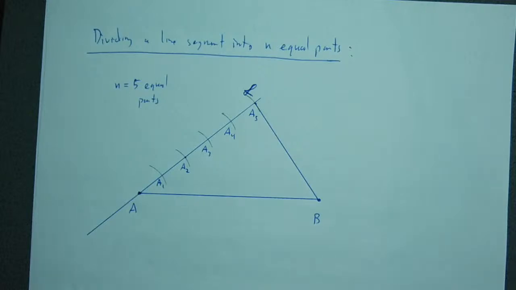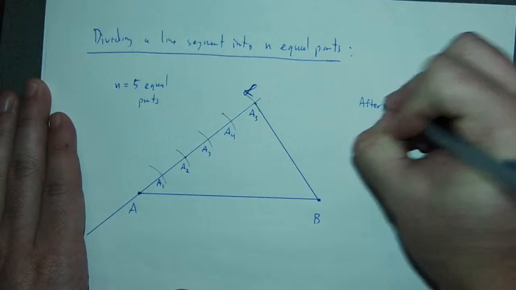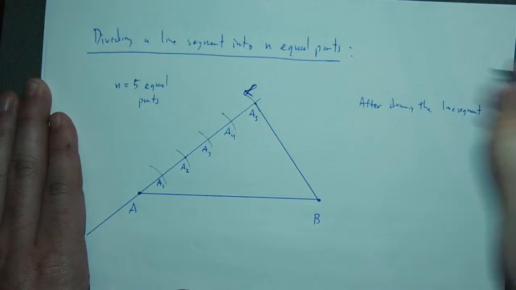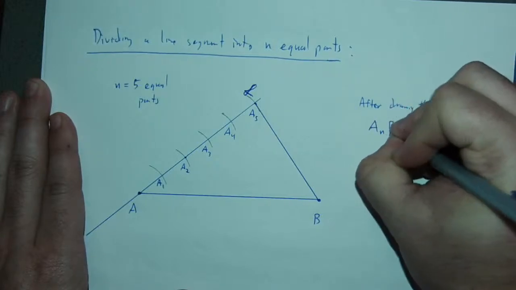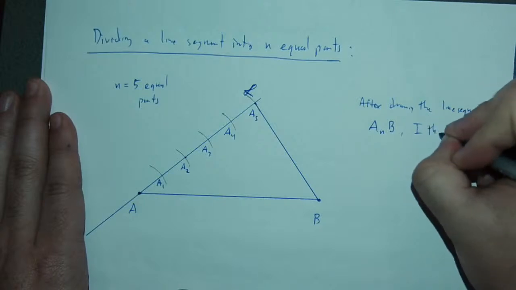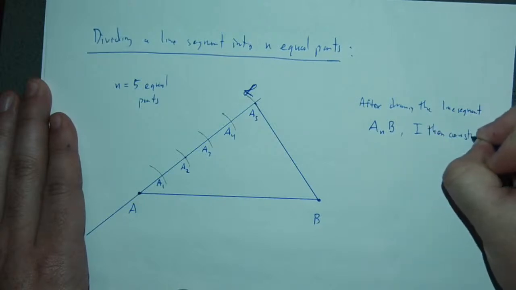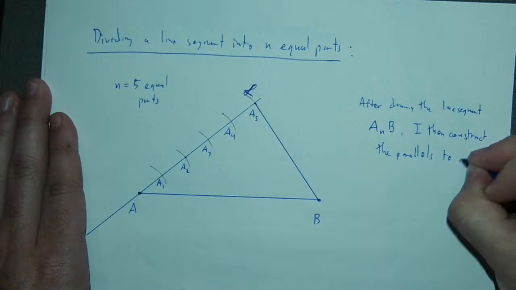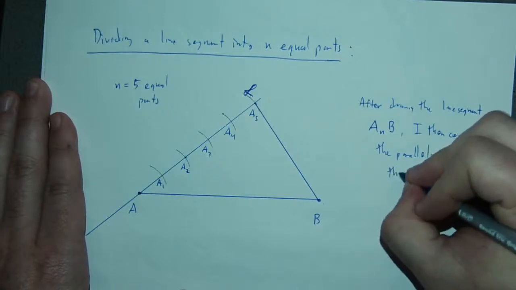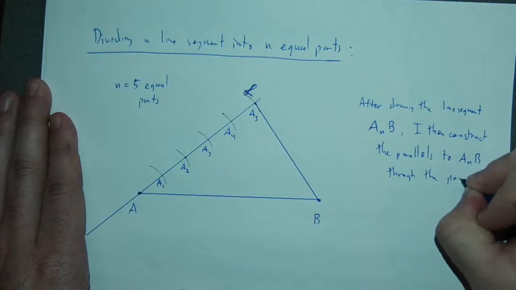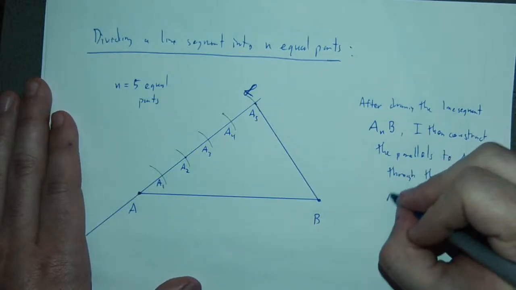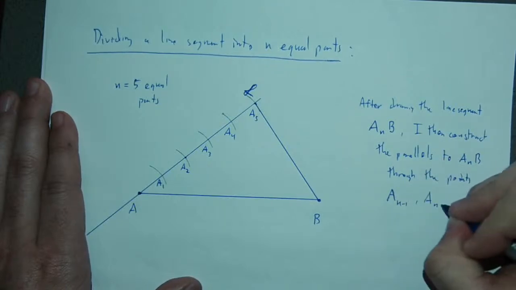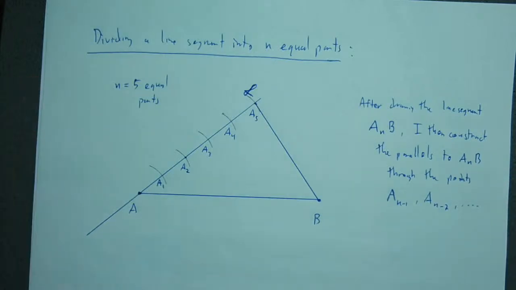And then, after drawing the line segment A sub n B, I then construct the parallels to A sub n B through the points A sub n minus 1, A sub n minus 2, and so on, all the way to A sub 1.